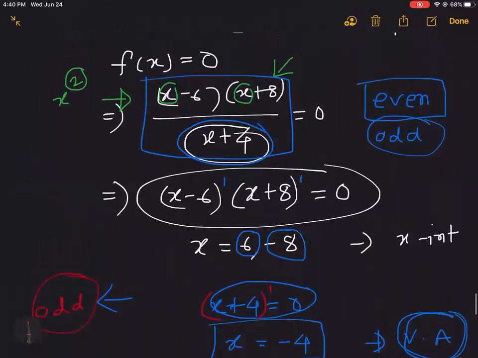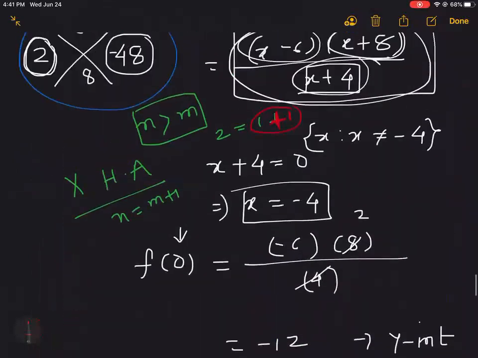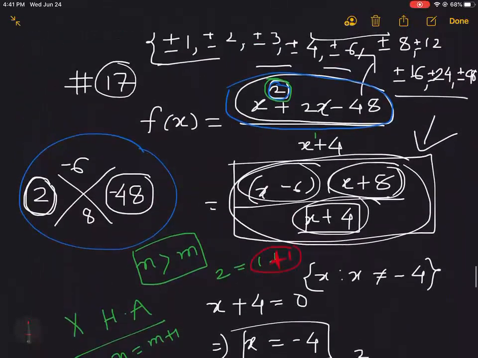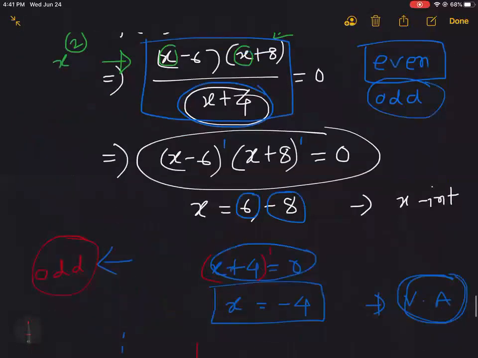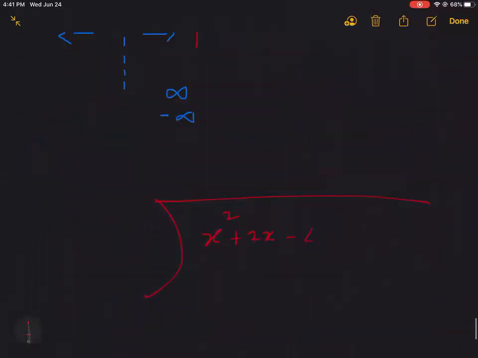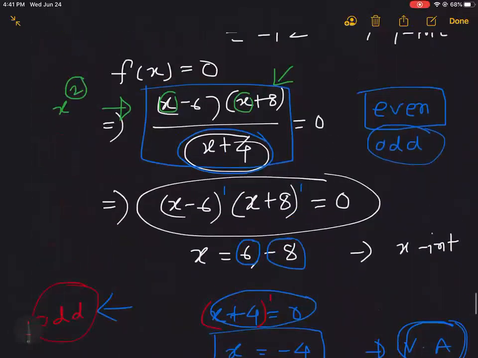typical division method: x squared plus 2x minus 48, divided by x plus 4, right?